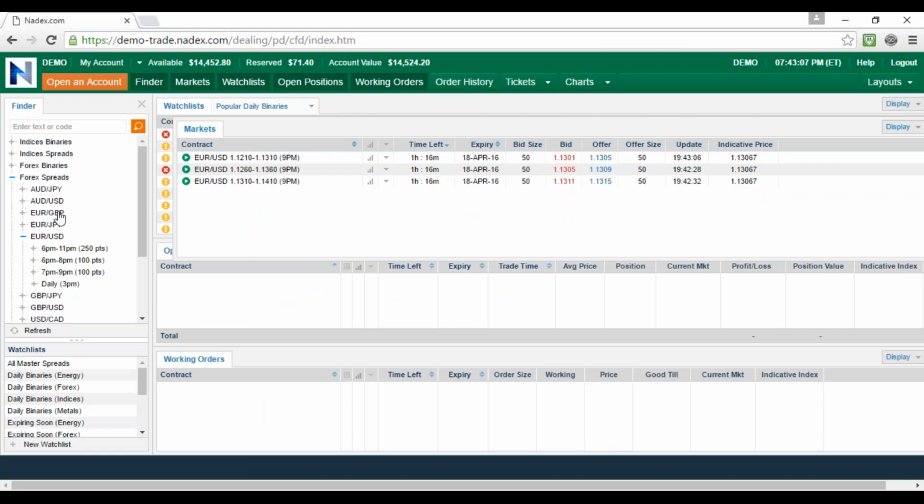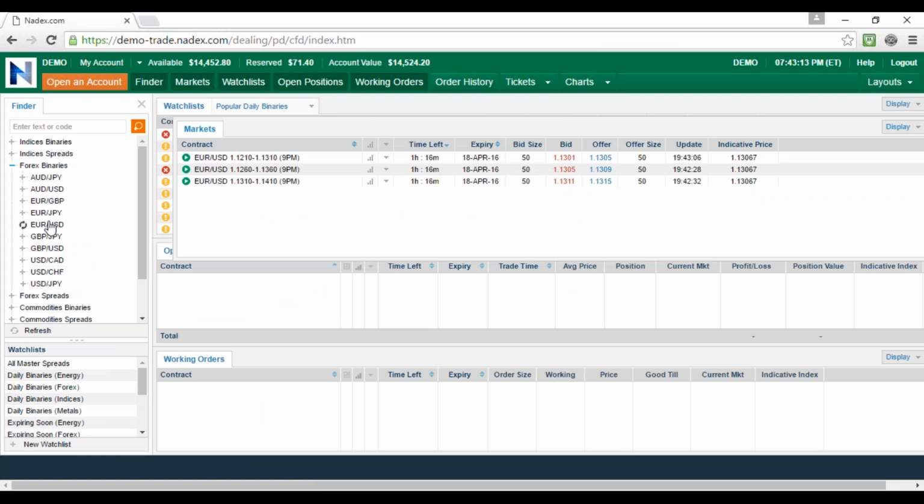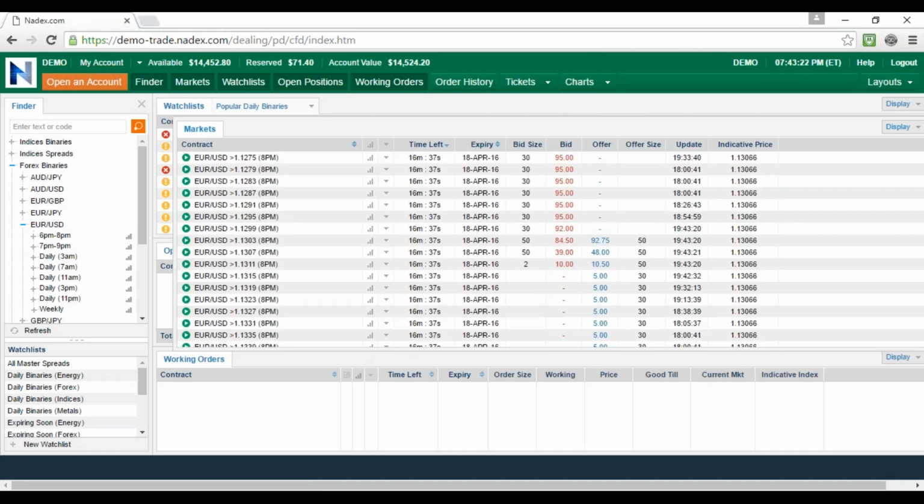We're not really necessarily doing a comparison tonight, but I just want to put this into perspective. Euro dollar. 8 o'clock expiration. Okay. Let me open a euro dollar chart. This is why I really think, I know some of you guys are like, I've heard about these spread things, but they seem, I don't know.